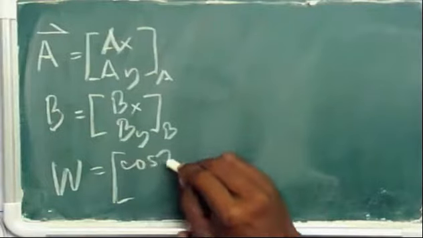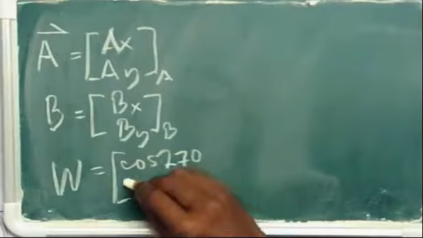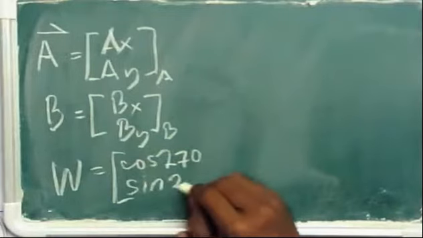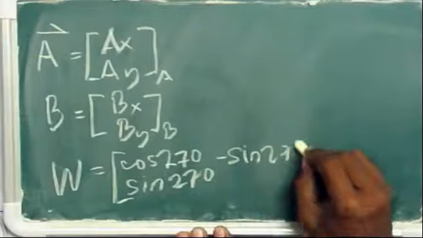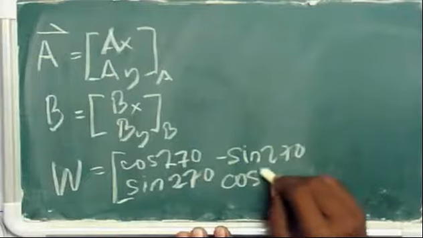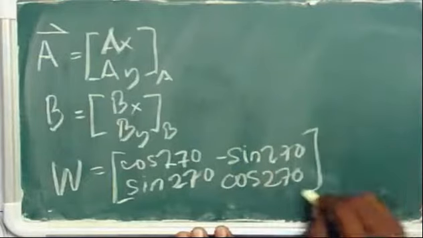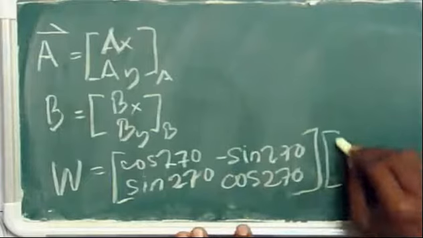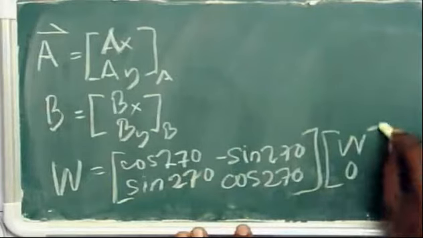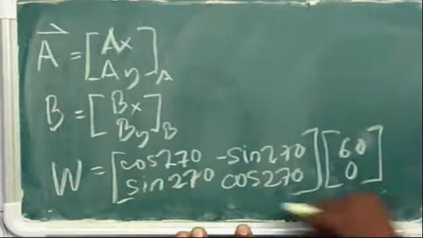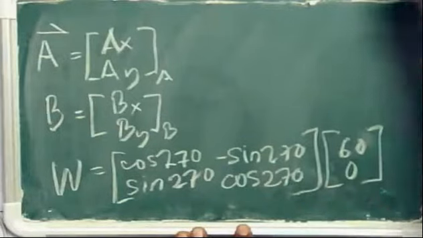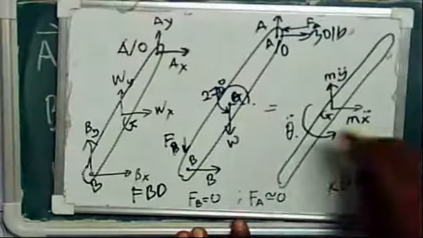Cos 270, sine 270, minus sine 270, cos 270, and this will be equal to 0, W. W is 60 pounds. Cos 270, and where do I get the angle?